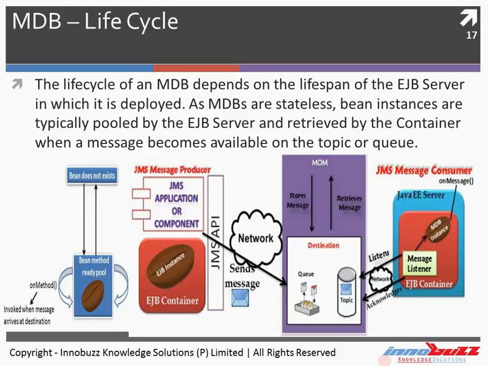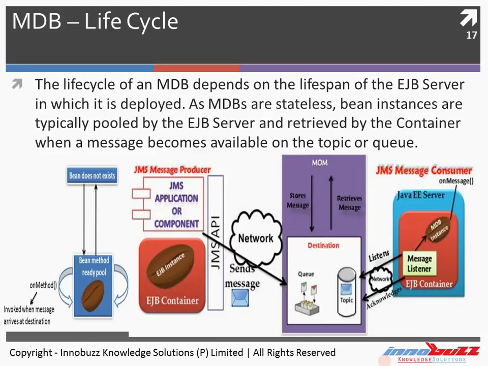So if you see here, it is message-oriented middleware which we have between the JMS as well as the message-driven bean within the application server. Whenever we have a JMS message producer to produce the messages, it is sent across the network and through the message-oriented middleware, which we call MOM.